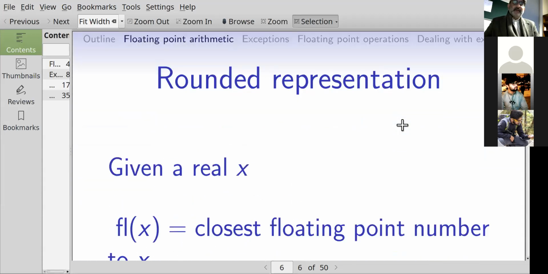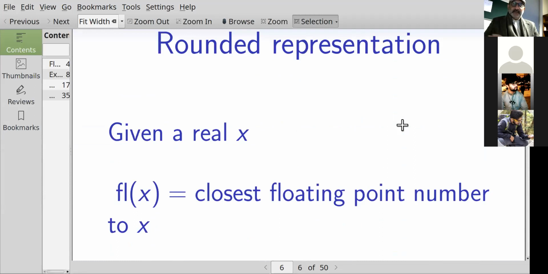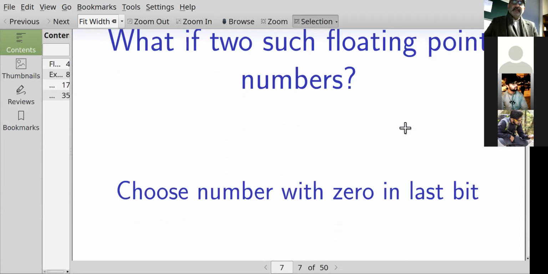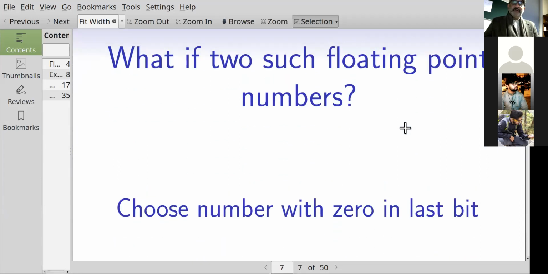Okay, and then there's the question that you cannot actually represent all possible numbers in this way. 0.1, 0.2 will not be represented exactly. And so when we want to talk about this, we'll talk about this floor function of x. This is the closest floating point number to x. And again, what if you have 2 such floating point numbers? Well, we'll choose the one with a 0 in the last bit.